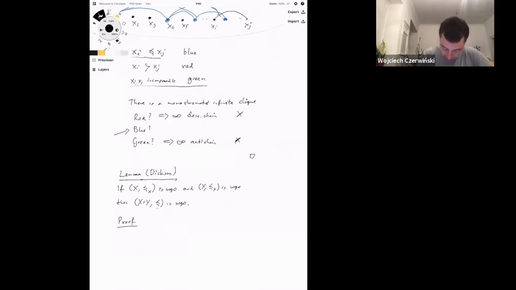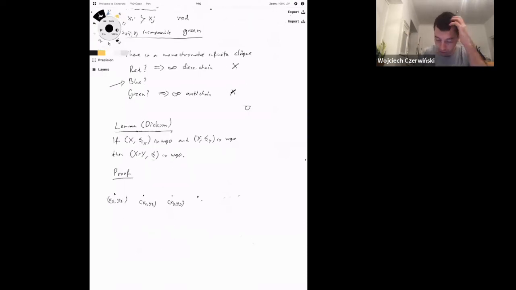So we take some sequence of pairs, (x1, y1), (x2, y2), (x3, y3), and so on, and we want to show that there is a domination here. Whatever the sequence is, there is a domination. This is a sequence of elements from X times Y.